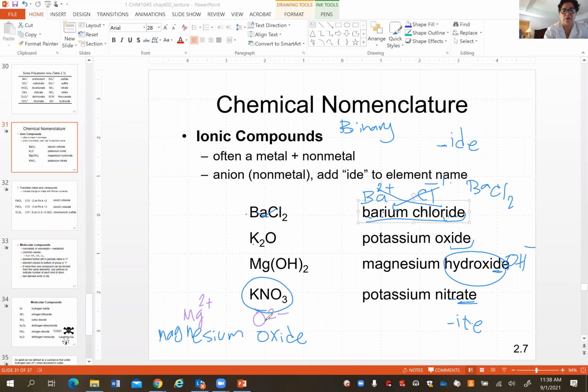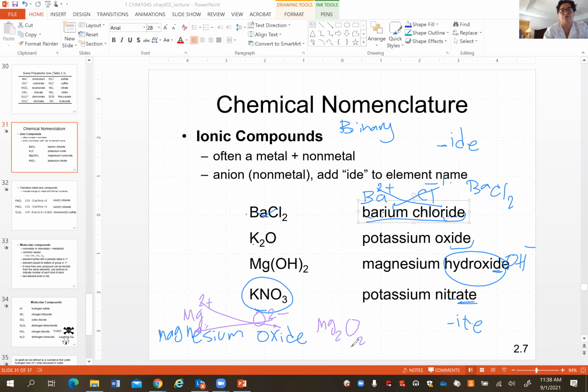The shortcut tells us to bring the superscripts down to the subscripts, and the same for the other one, so it's going to be Mg2O2. The last step that is not covered in here is to simplify it.